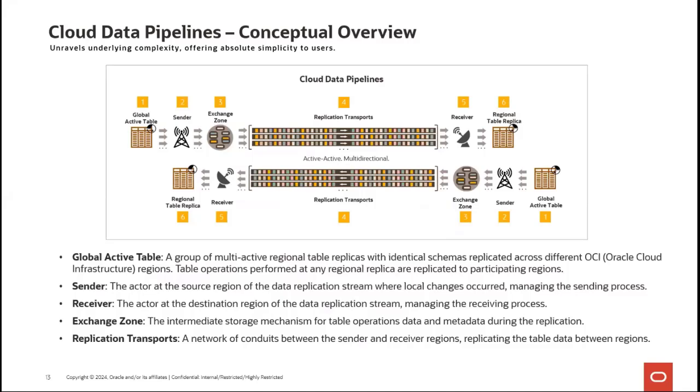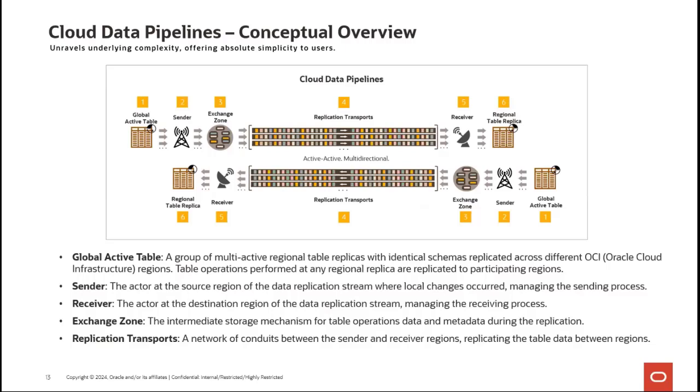Really, what we could have on this slide is a step zero, where an application comes along and does updates to the table. Those updates could be updating an existing record, or it could be an insert. Both of those types of operations would cause updates to the table.